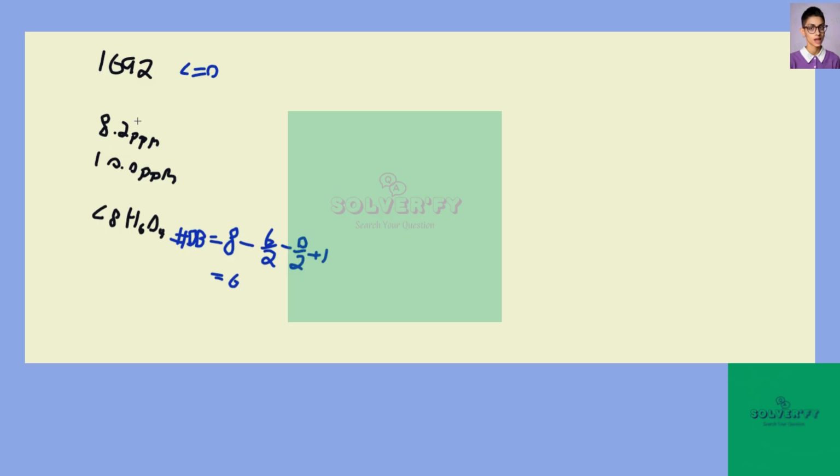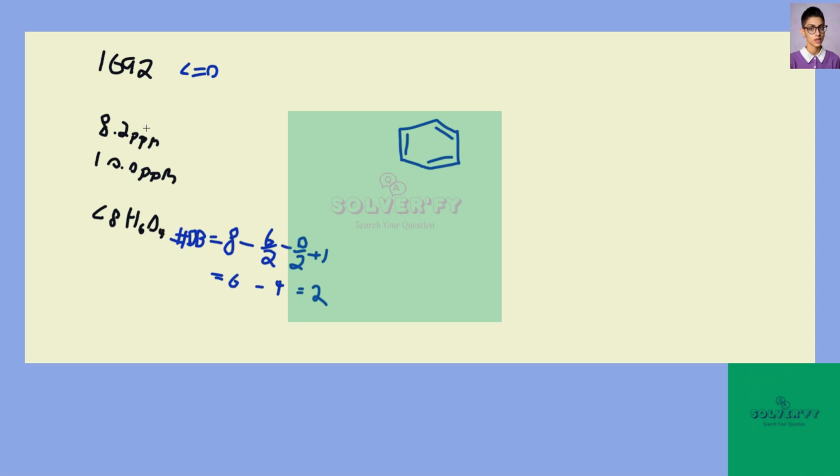Right away, we can say that the singlet at 8 is going to represent aromatic protons. We know 7 to 8 is typically your aromatic protons, so we can draw those right off the bat. So that's 1 degree of unsaturation, 2, 3, 4. So now we have 2 more to figure out where they are.